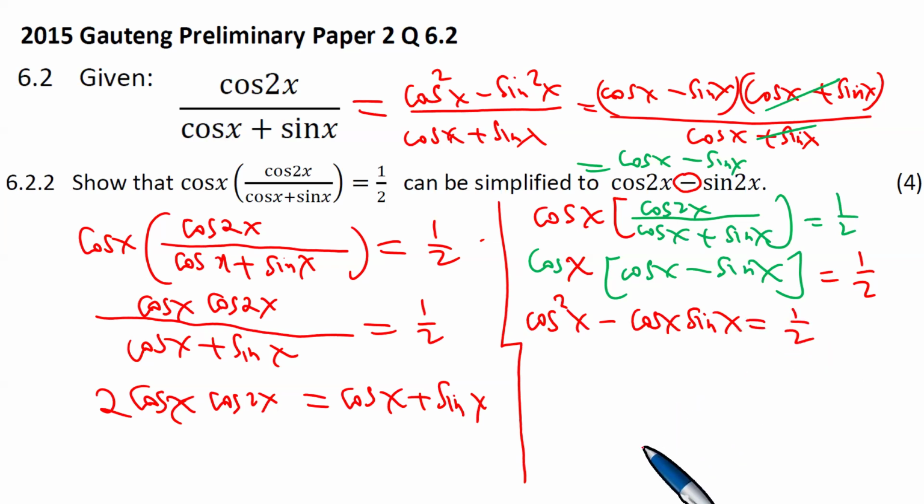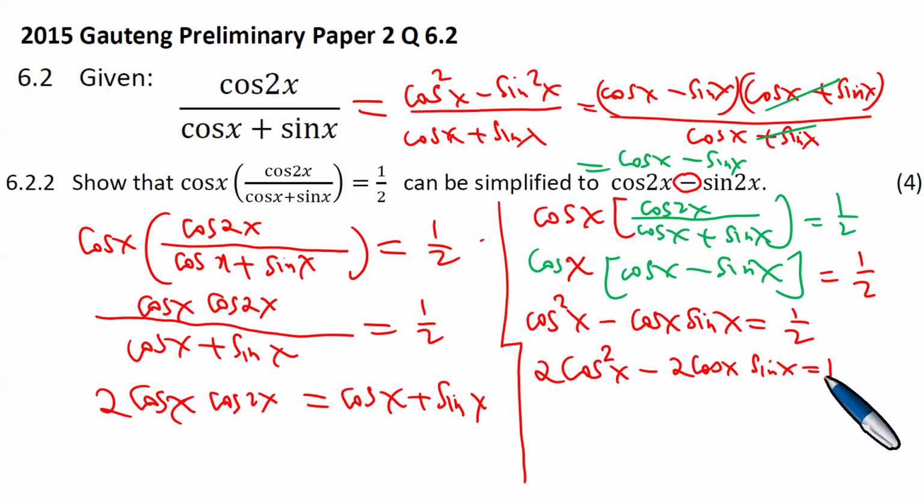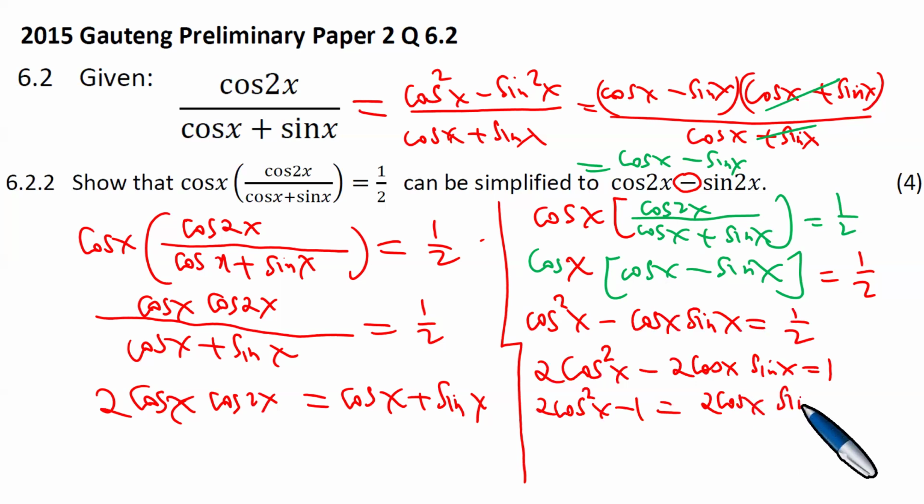Then we can cross multiply, getting 2 cosine squared x minus 2 cosine x sine x equals 1, which is 2 cosine squared x minus 1 equals 2 cosine x sine x.